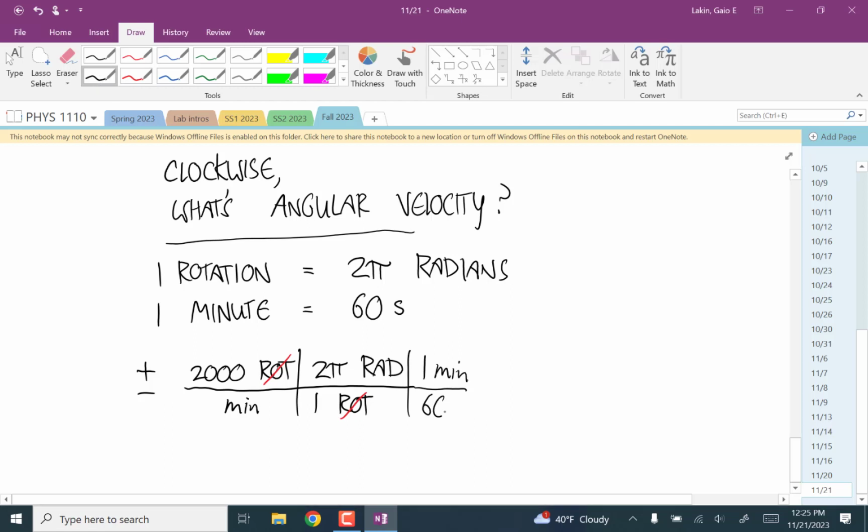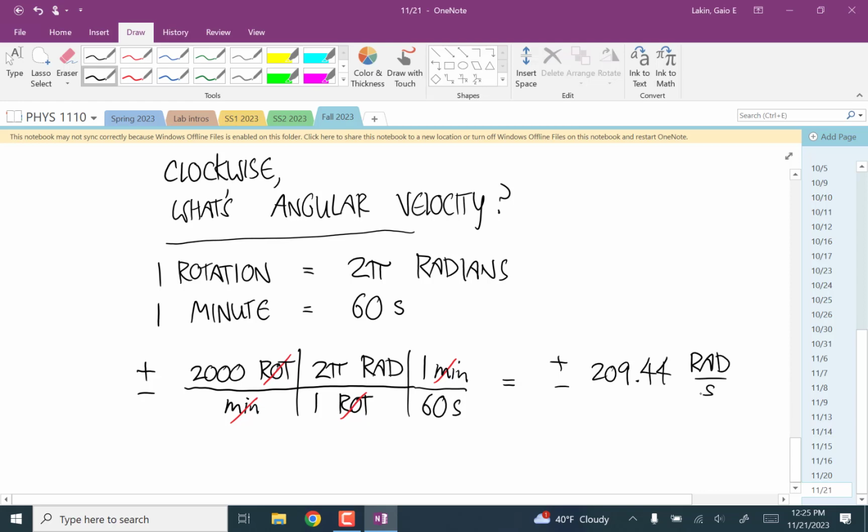One minute is 60 seconds. And so you come up with plus or minus 209.44 radians per second.